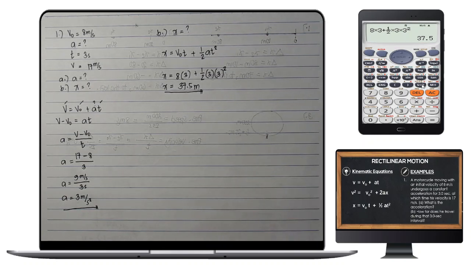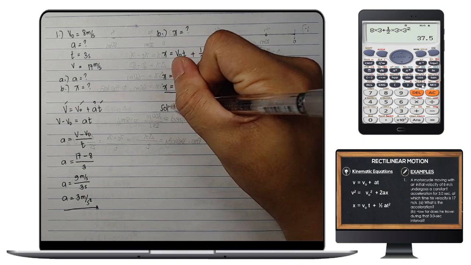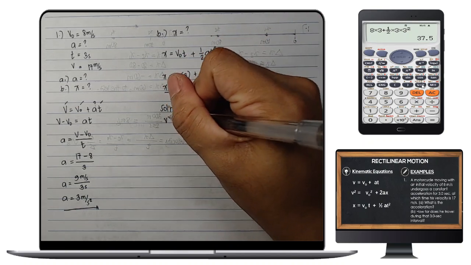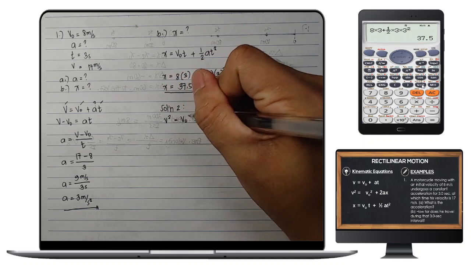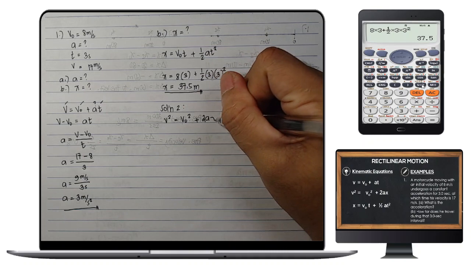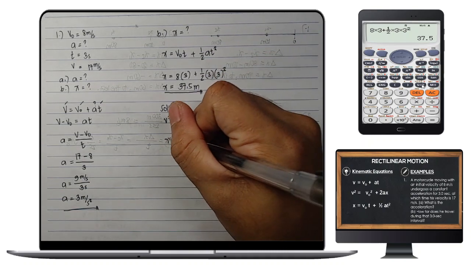Okay, so let's say you want to use the second equation. So that is v square is equal to v0 square plus 2ax. So deriving x here, diretso na natin.